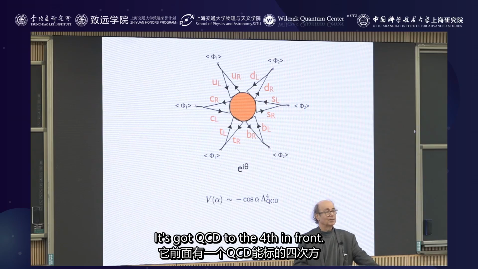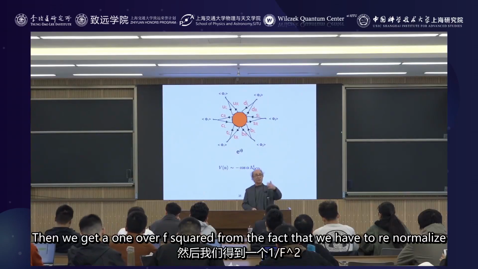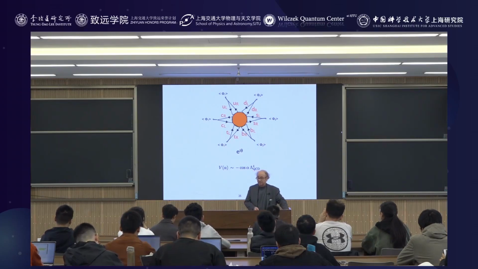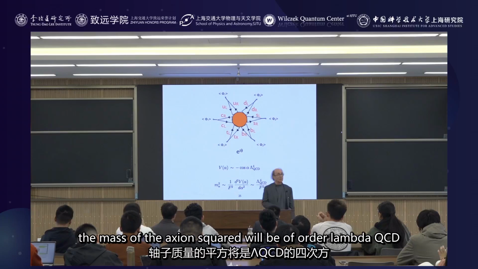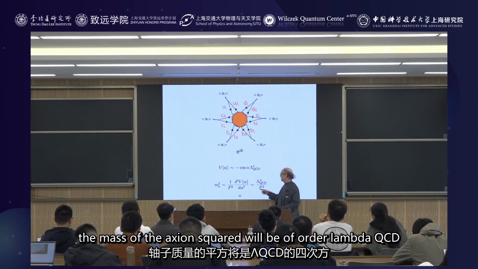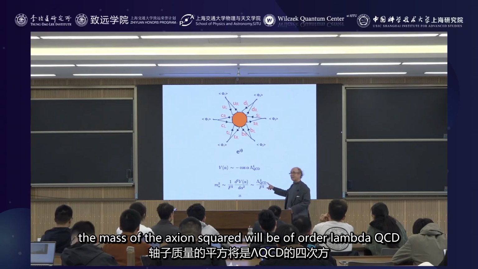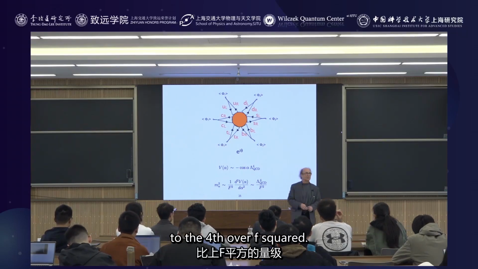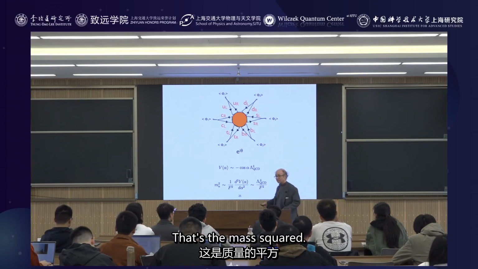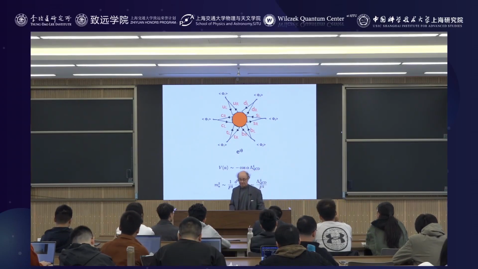It's got Lambda QCD to the fourth in front, and then we get a 1 over f squared from the fact that we have to renormalize the phase to get a properly normalized scalar field, kinetic energy. So the mass of the axion squared will be of order Lambda QCD to the fourth over f squared. That's the mass squared.